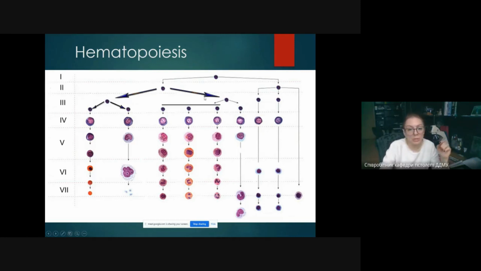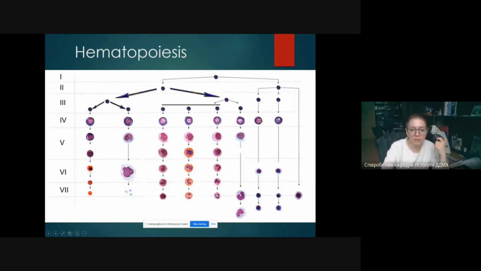Notice that all those cells look like each other, they are indistinguishable because they look like small lymphocytes, because they are not differentiated. All changes occur only on the level of receptors and nucleus, but not in the cytoplasm. That's why under the light microscope, those cells are exactly the same. But starting from the next class, they start to grow, and as they have already chosen their fate, they start to differentiate.